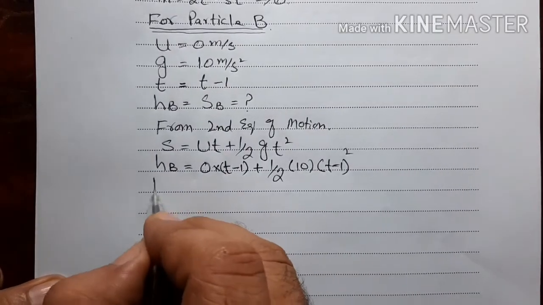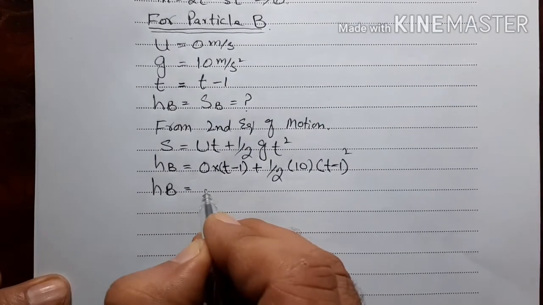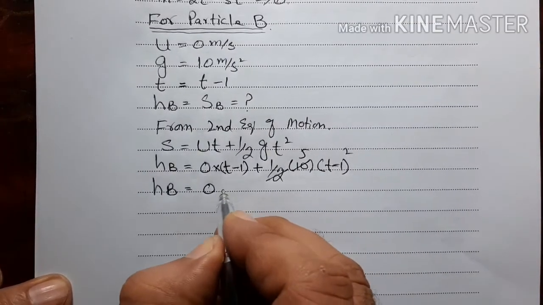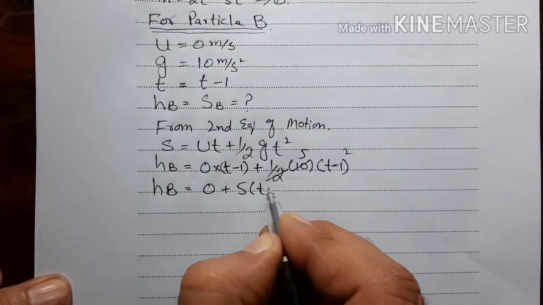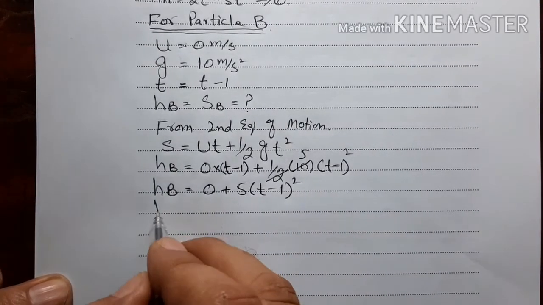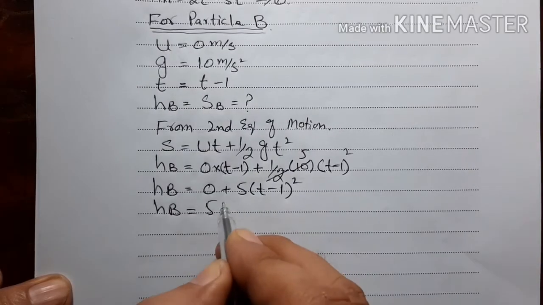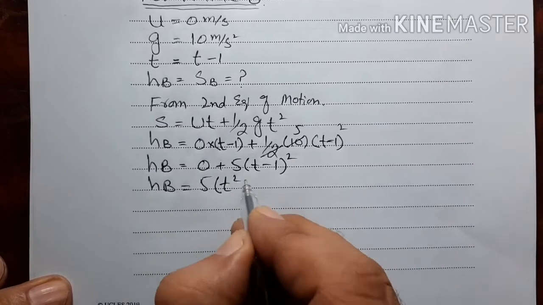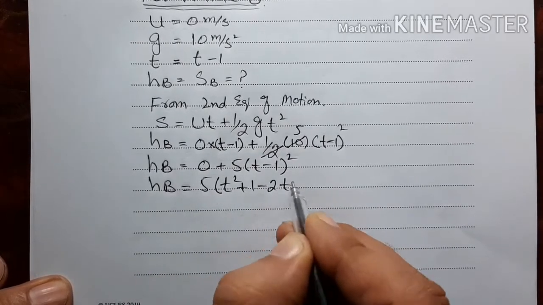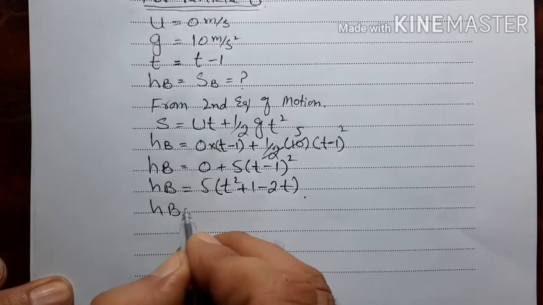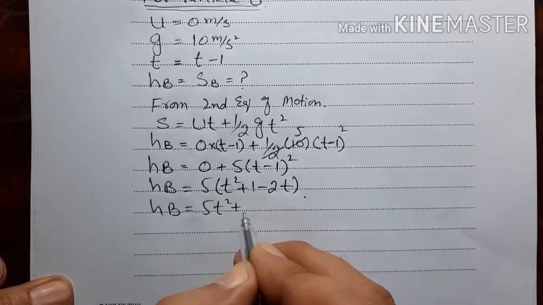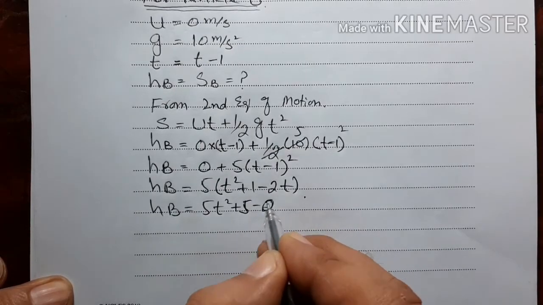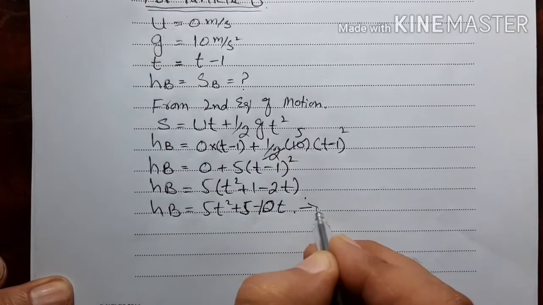So HB is equal to 0 plus 5 into t minus 1 whole square, or HB is equal to 5 into, we'll open this by the identity, t square plus 1 minus 2t, or HB is equal to 5t square plus 5 minus 10t. This is equation number 2.